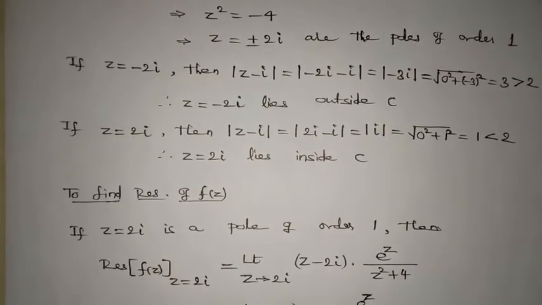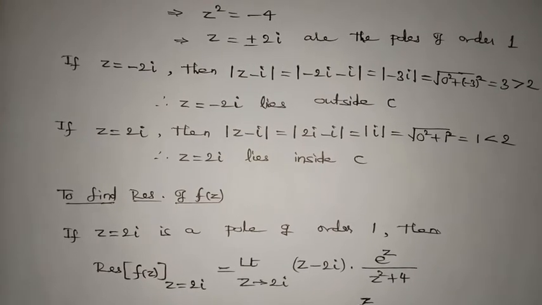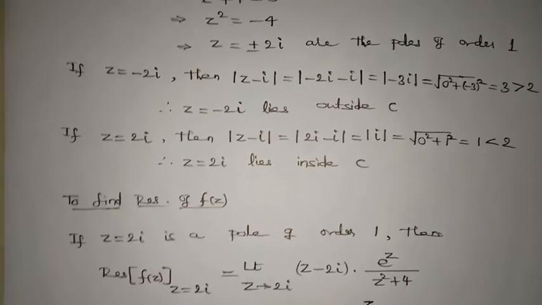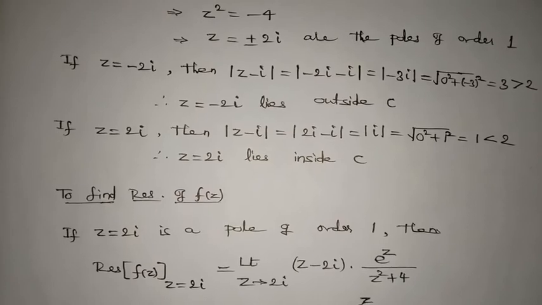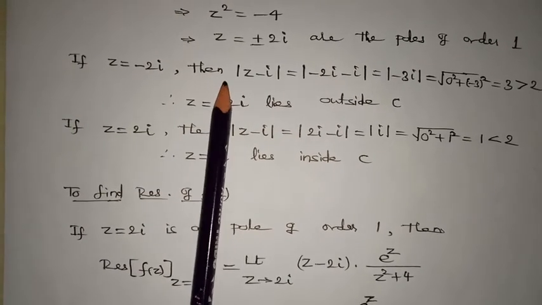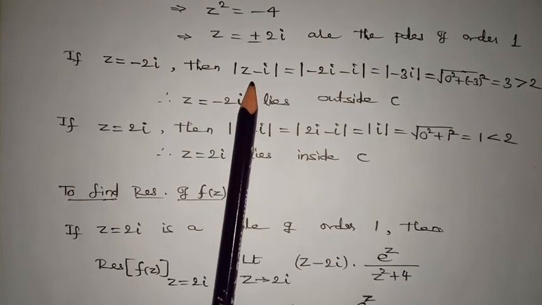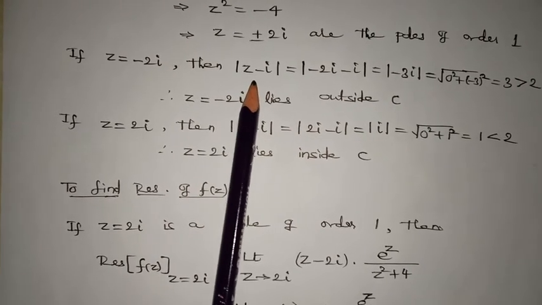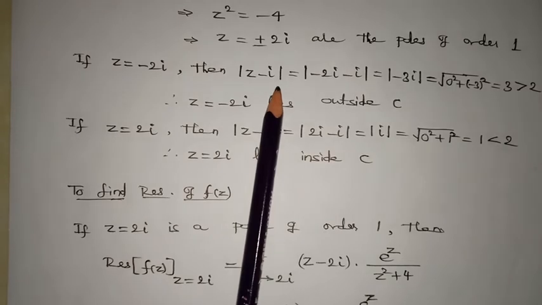Now what is the next step? The first step is over. Second step, you need to check which poles are inside C and which are outside C. For z equal to minus 2i, put it into the left hand side of C, modulus of z minus i equal to 2.